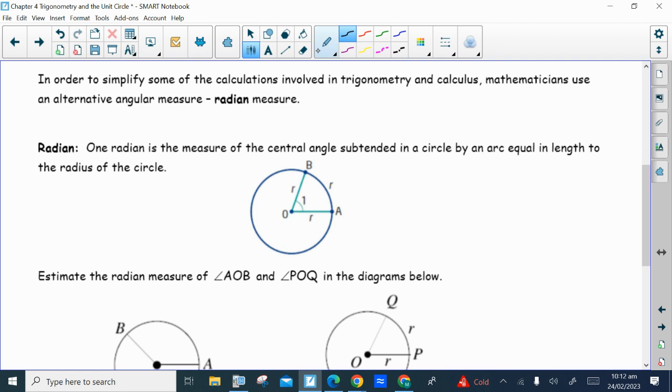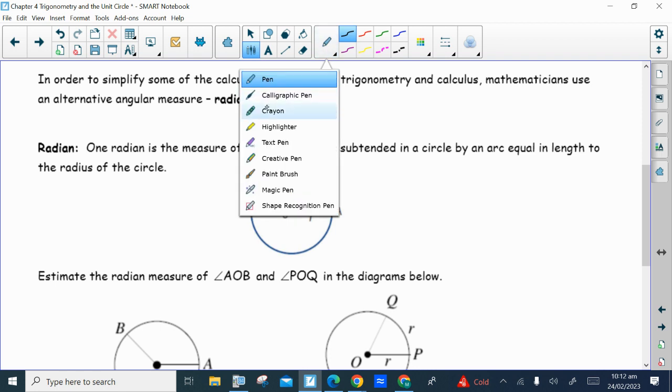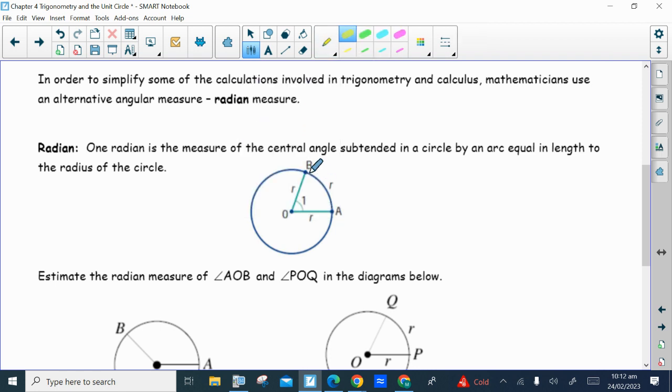So it's a portion of the circumference. What am I looking for? There it is. So an arc is a portion of the circumference. Okay? So if the arc length is equal to the radius, the angle at the center that will subtend that arc, make that arc, will be 1. That's what this is saying.